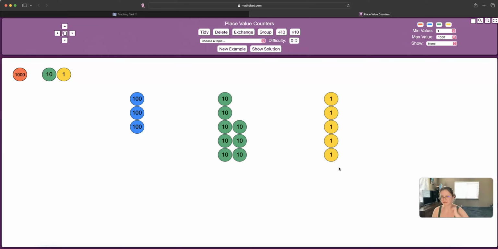Now we're going to do 8 minus 5. 1, 2, 3, 4, 5. Delete it. We don't need it. We have 3 tens left. So 3 minus 0, that's 3. Can't take anything away. So your answer is 335.